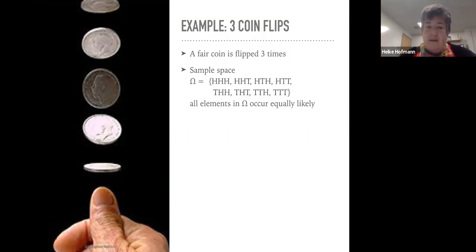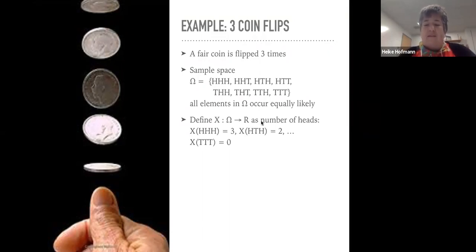Now we can define a random variable X, and let's say the random variable is the number of heads. So X is essentially counting how many H's we have for each element in our sample space. X of this first element is 3, of the second element it's 2, the third element it's also 2, the fourth element it would be a 1.